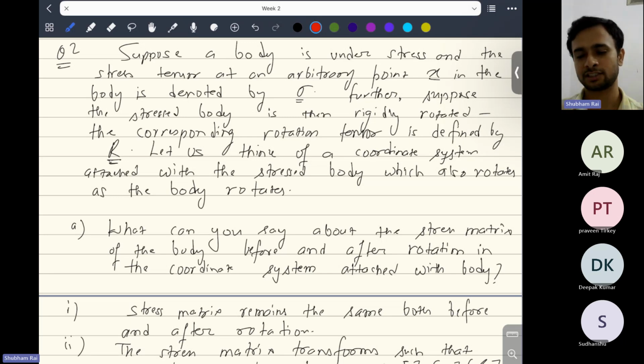Then the representation of the stress matrix would have changed. Are you understanding? Here we are rotating the body, and we are rotating the coordinate system also. That's why there is no relative change in the coordinate system.